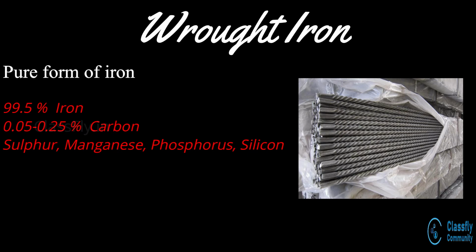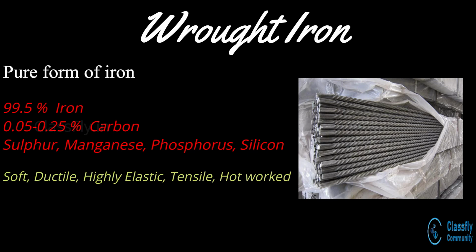The low carbon content in the wrought iron makes it soft, ductile and highly elastic. Also, it will have a better tensile strength. The wrought iron can be heated and worked into various desired shapes. Well, wrought iron is used in building of fences, gates and railings, etc.